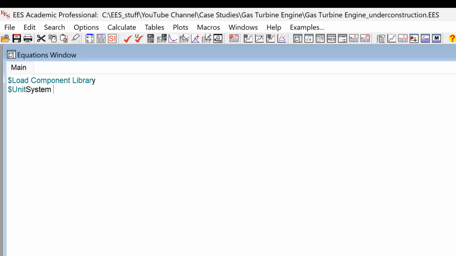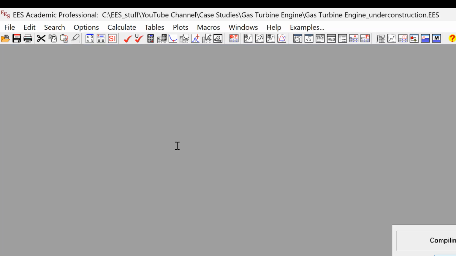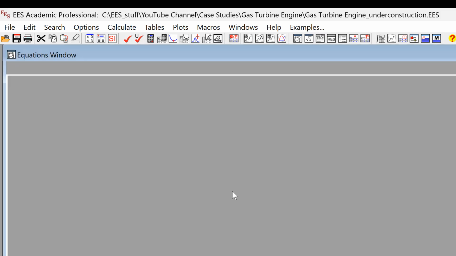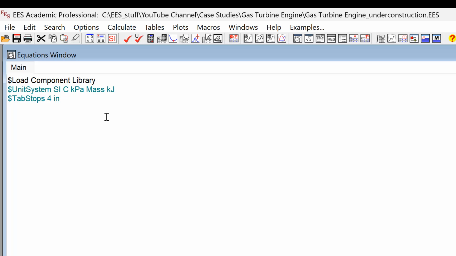So I like to work in SI units, and I'm going to use Celsius, kilopascal, mass, and kilojoules. And then I'm going to put at least one tab stop in here at 4 inches. And I'll go ahead and compile those equations, and you can watch it spin a little bit while it loads the component library up. So now I should have access to all of the models in the component library.